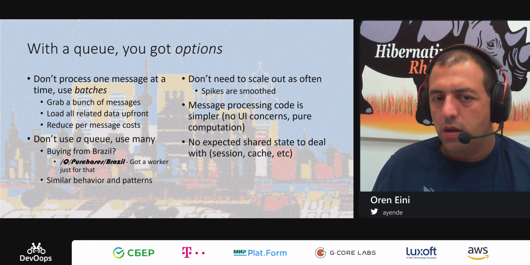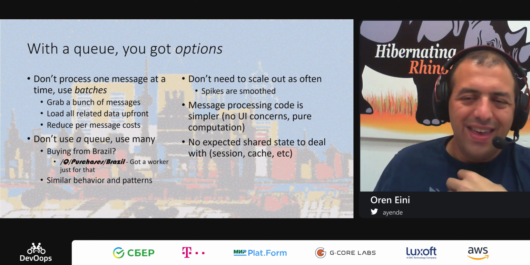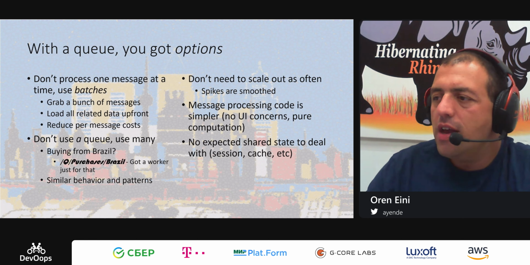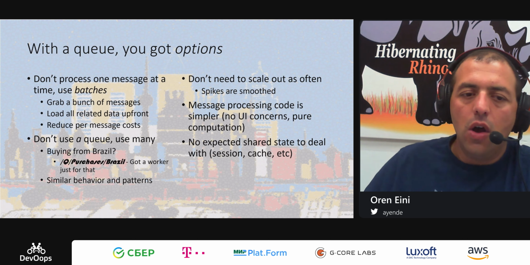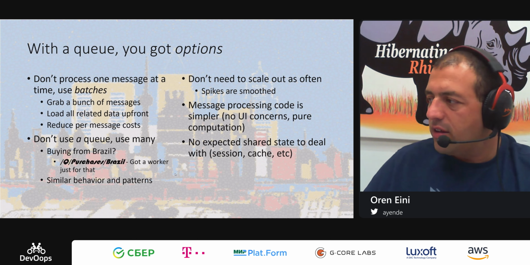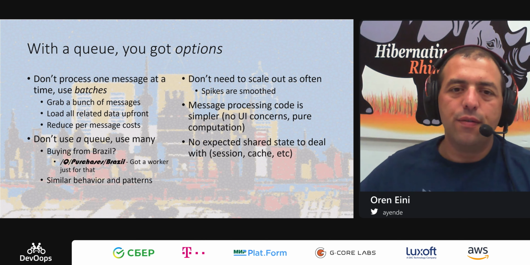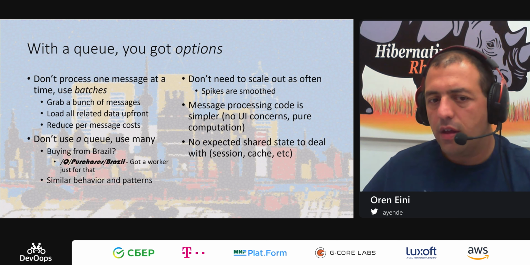Okay, that's great. Now, here are some other things that I can do. Instead of using one queue, I can start using specializations. I have this queue here for all of the purchases from Brazil, so I have a worker for that. And that's important because the Brazilian sales shouldn't be impacted by the fact that the Romanian validation code isn't fast enough.